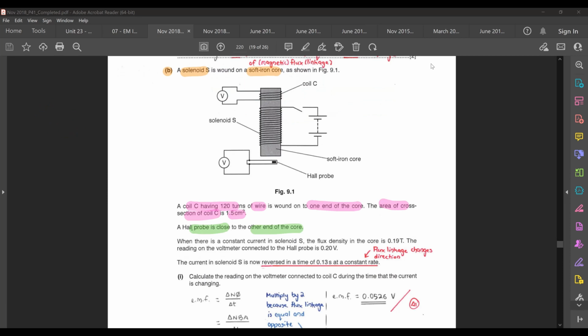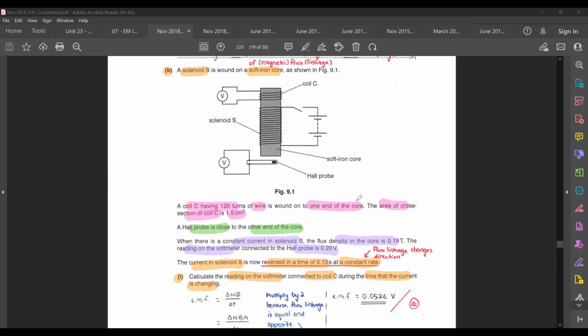When there is a constant current in solenoid S, the flux density in the core is 0.19 Tesla, and the reading on the voltmeter connected to the Hall probe is 0.2 volts. The current in the solenoid S is now reversed in a time of 0.13 seconds at a constant rate. For part 1, calculate the reading on the voltmeter connected to coil C during the time that the current is changing.